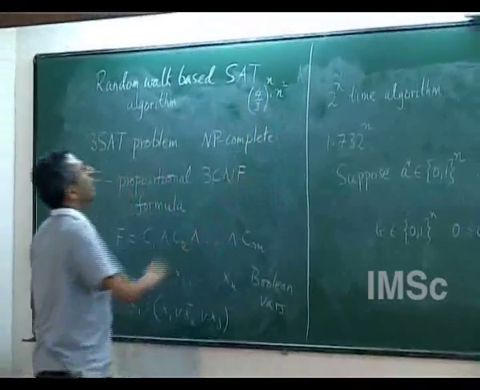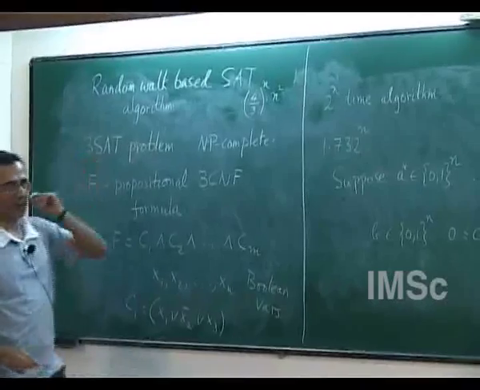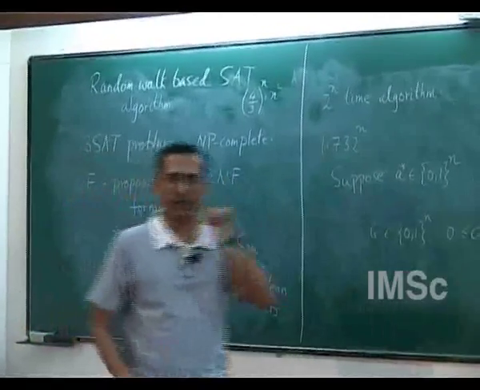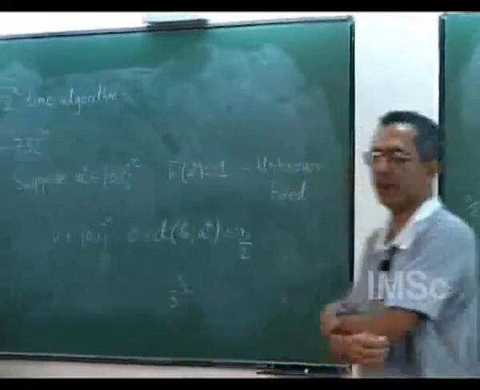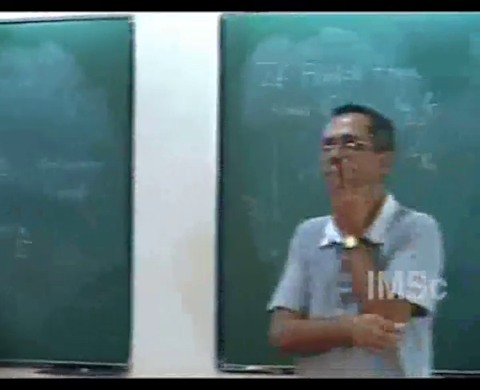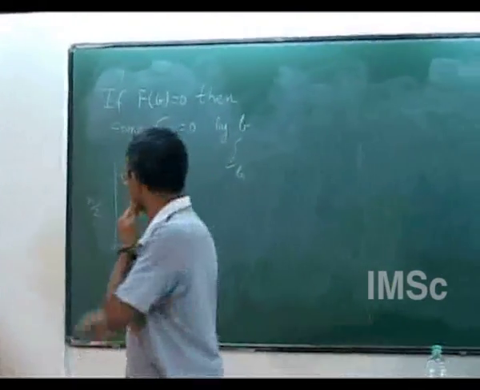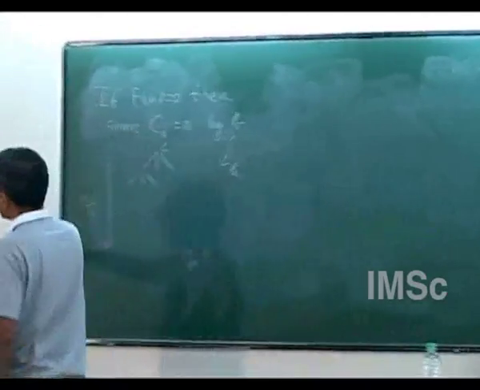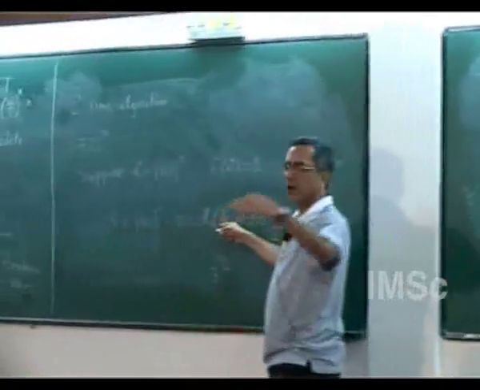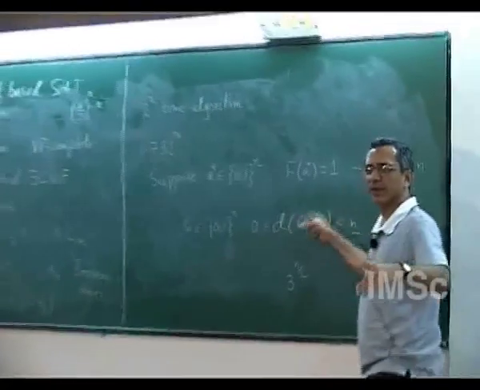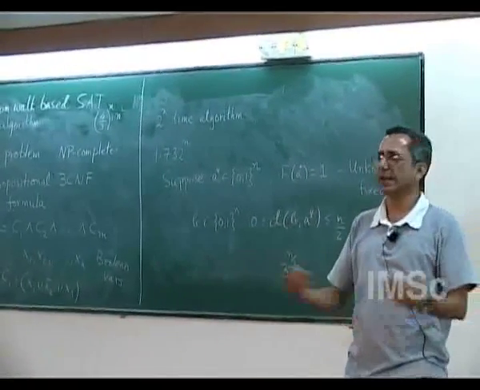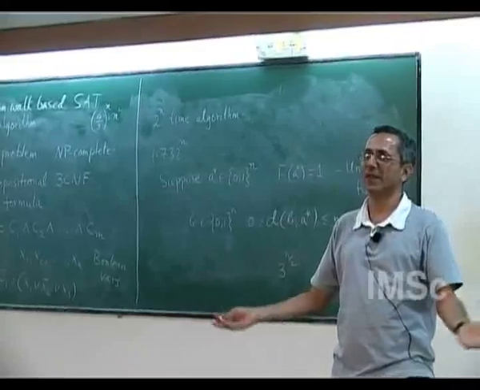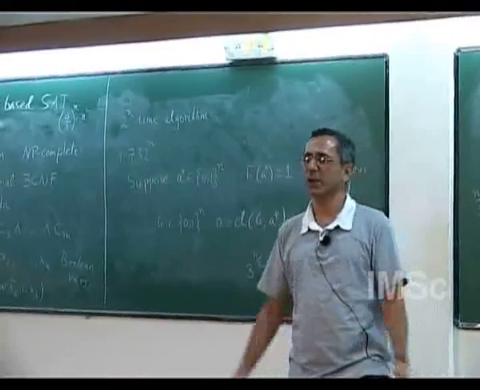And it's a randomized algorithm, so it has some exponentially small probability of error. Here, this B that you'll choose is either the all zeros vector or the all ones vector, and you'll run this algorithm starting from the all zeros or the all ones. If you don't find a satisfying assignment there, you say formula is not satisfied.